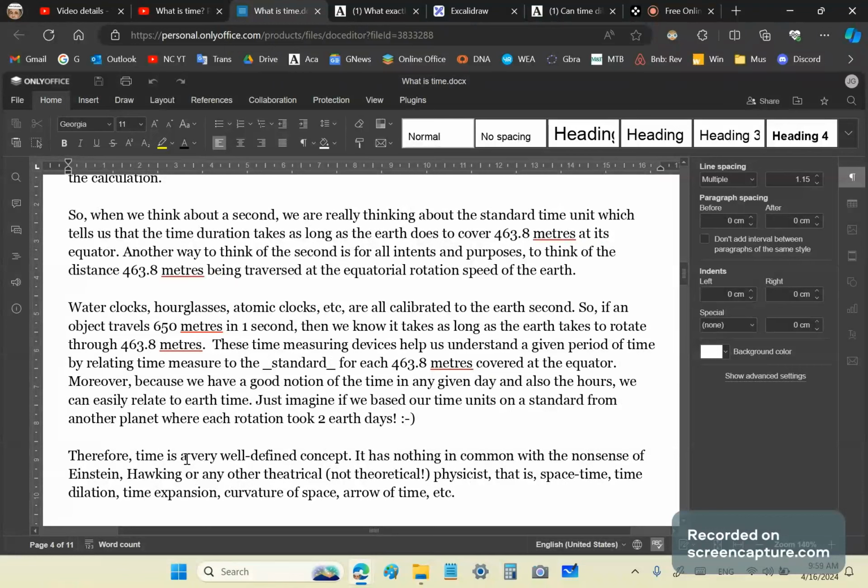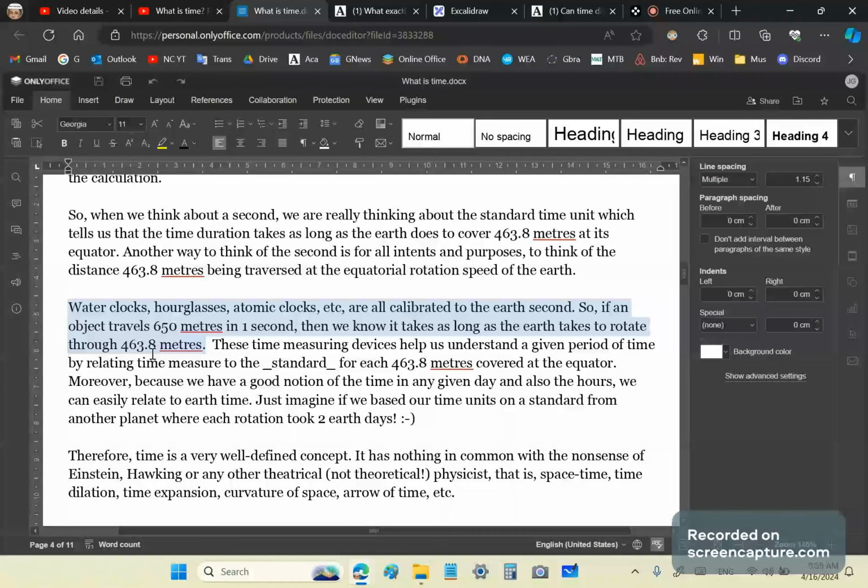Now, if an object travels 650 meters in 1 second, then we know it takes as long as the Earth takes to rotate through 463 meters. That's what it means, by the way. Let's stop and concentrate on what I'm telling you.